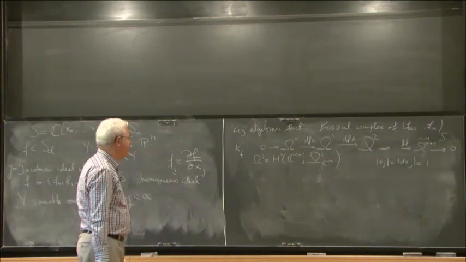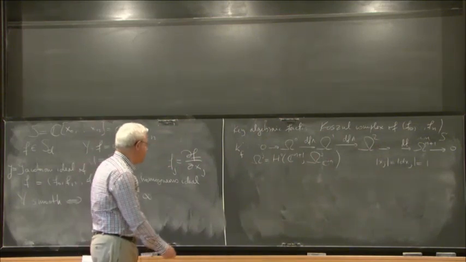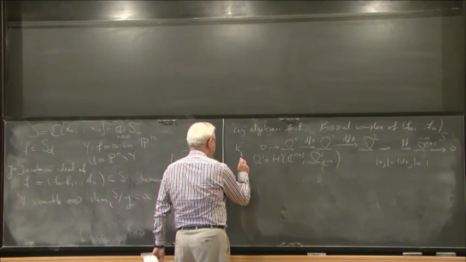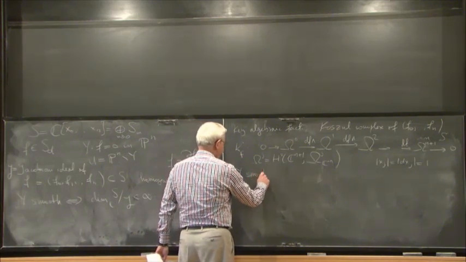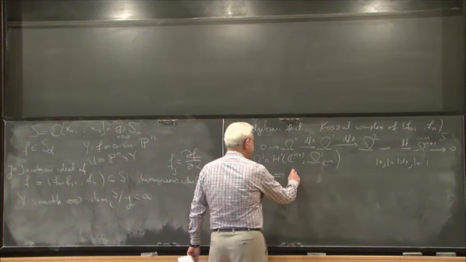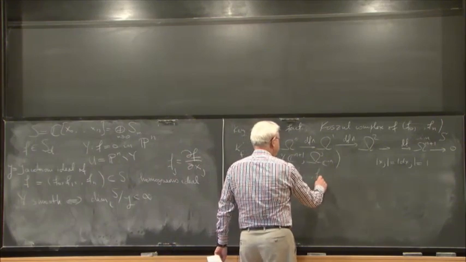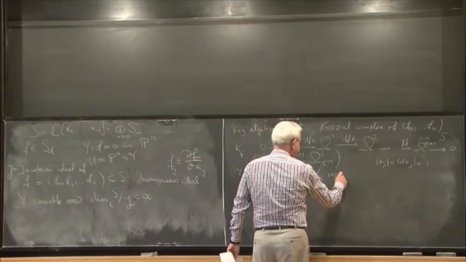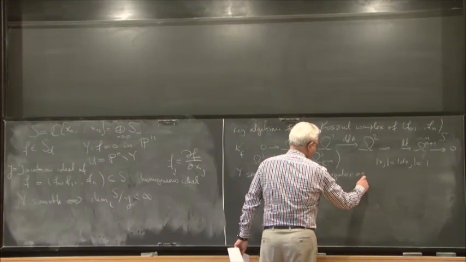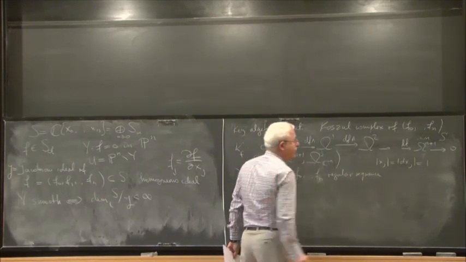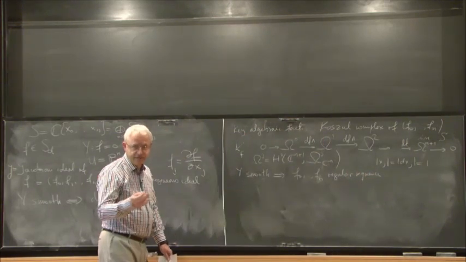Okay? And so the key algebraic fact is that if Y is smooth, then this implies the partial derivatives form a regular sequence. This is sometimes called Macaulay's theorem.